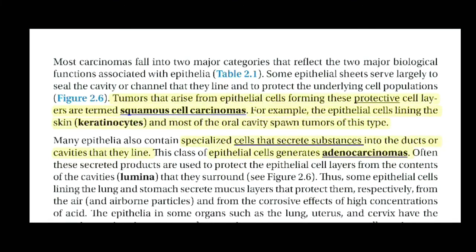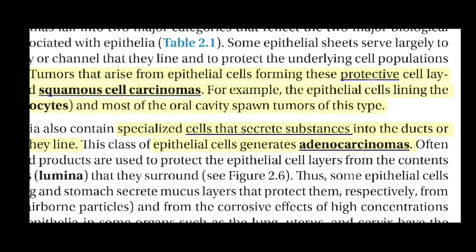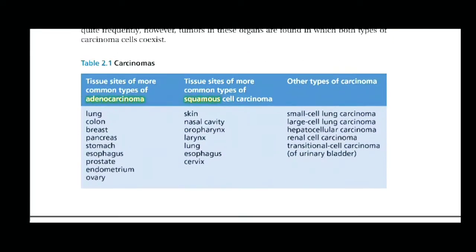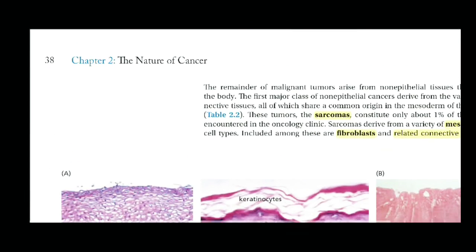But those cells which have some specific function, which express specific phenotypes and secrete substances, give adenocarcinomas. People are most affected by these two kinds of carcinomas. In this table, you can see the difference between the two, which organs, and what kind of tumors come under them.